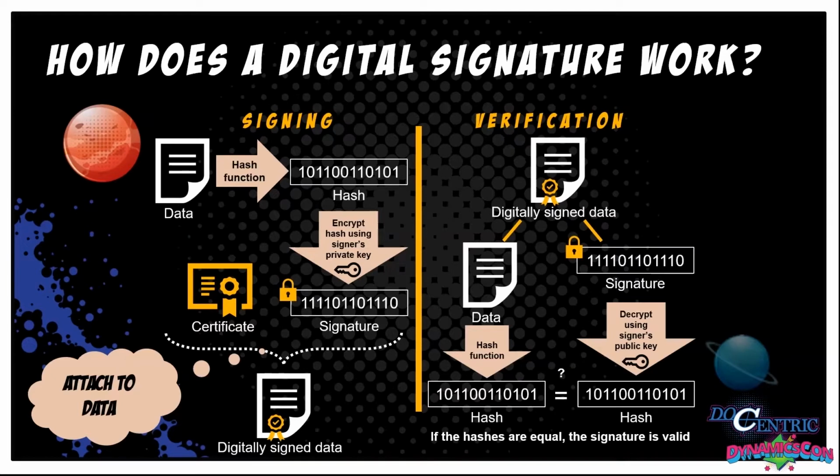So let's put it in plain and simple terms. But first, let's start with digital certificates, and then I will explain the signing and the verification part. Digital certificates are electronic credentials that bind the identity of the certificate's owner to a part of electronic encryption keys.